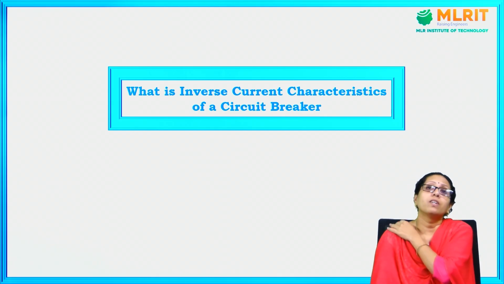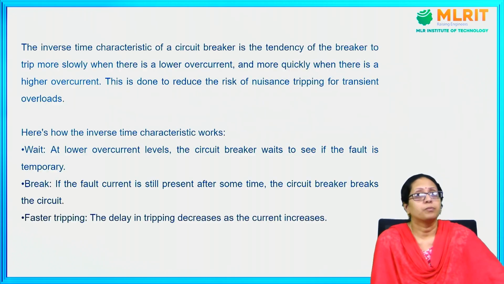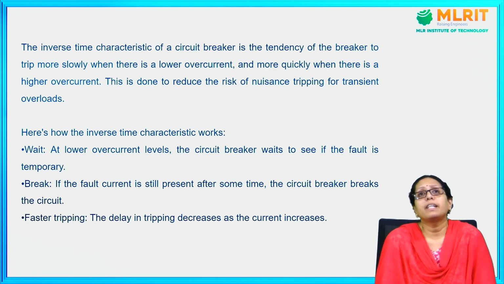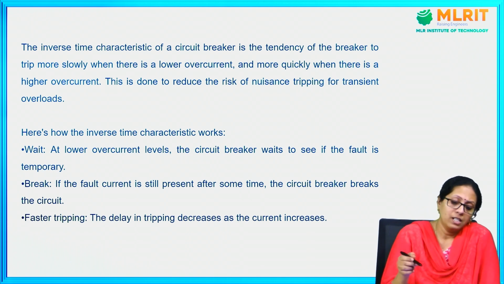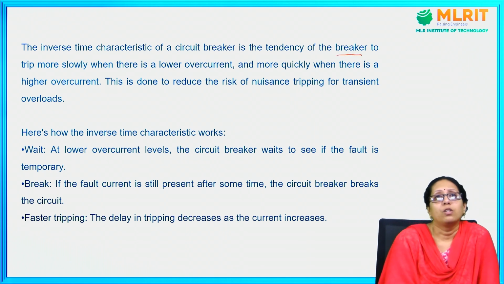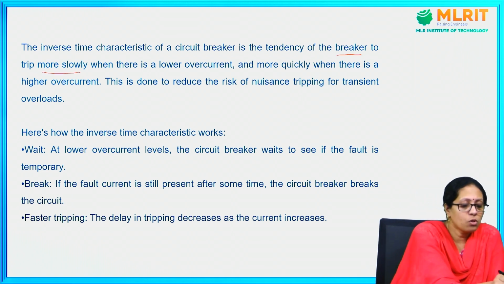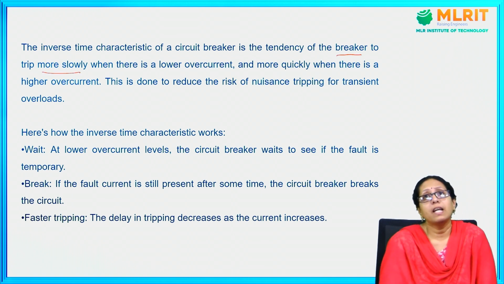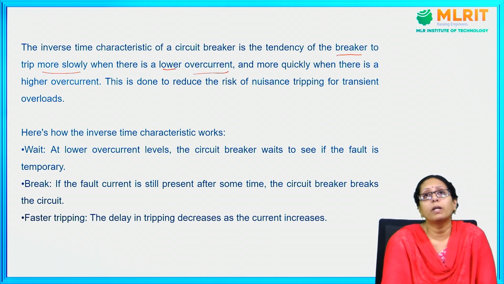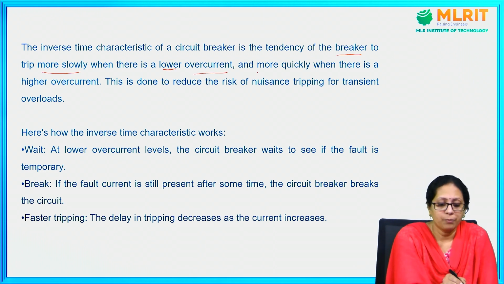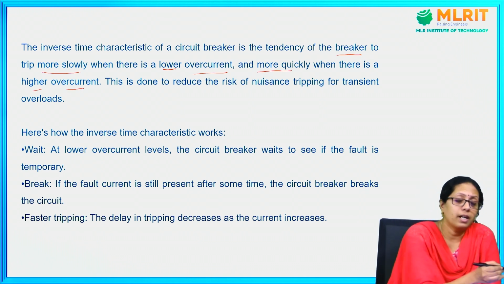What is inverse current characteristics of a circuit breaker? The inverse current characteristics of a circuit breaker is the tendency of the breaker to trip more slowly when there is a lower overcurrent, and more quickly when there is a higher overcurrent.